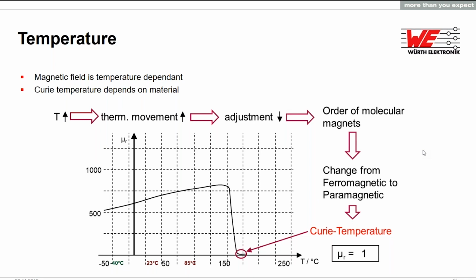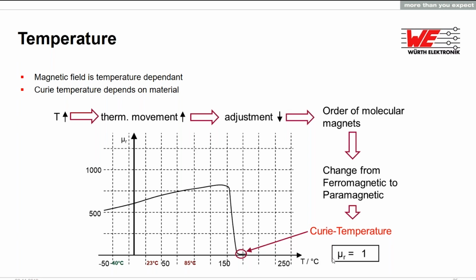For the temperature, different materials have different Curie temperatures. In this case, you can see that when you go above the Curie temperature of a chip bead ferrite, it will go into a saturation mode.